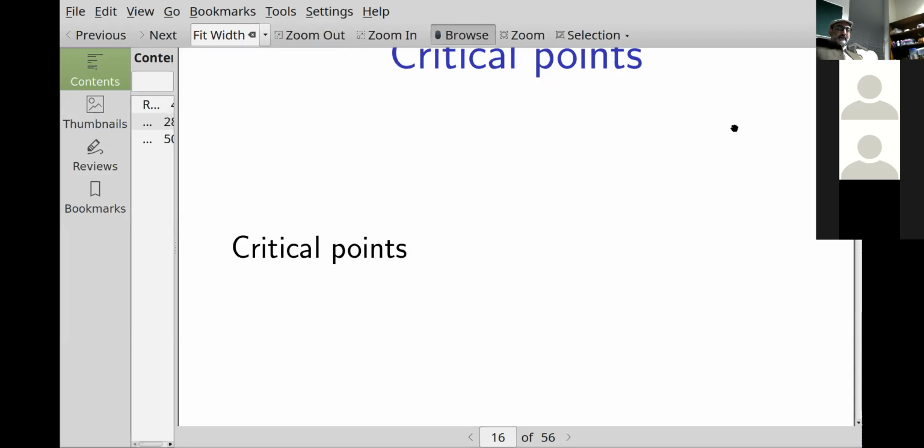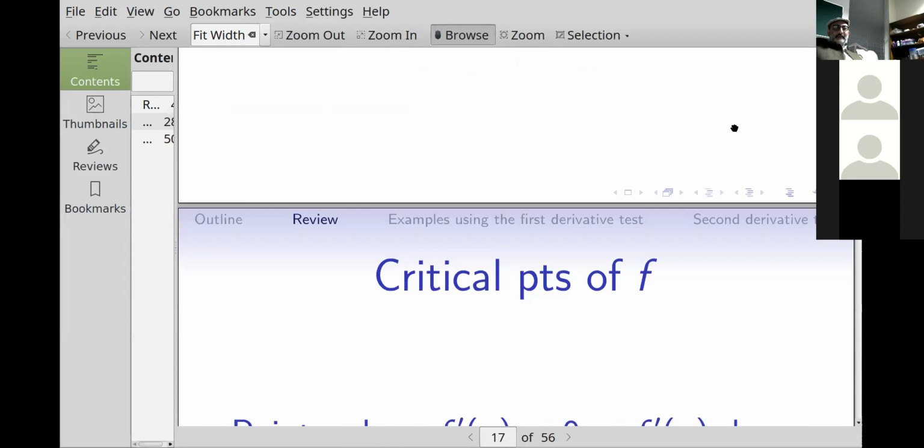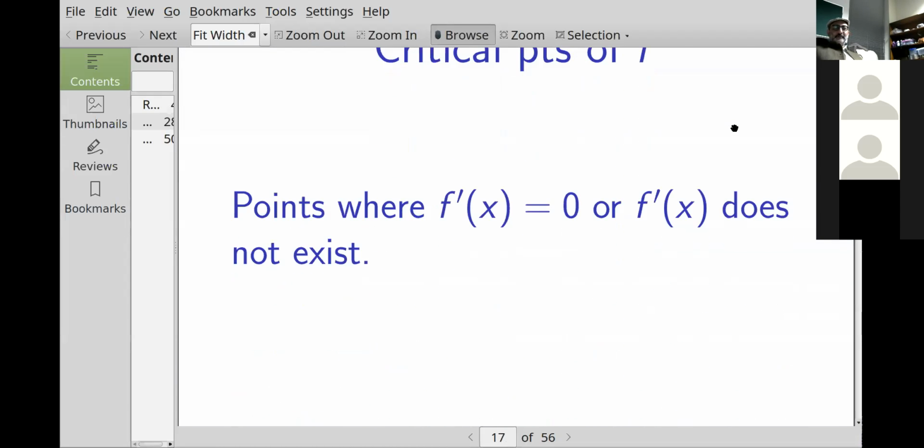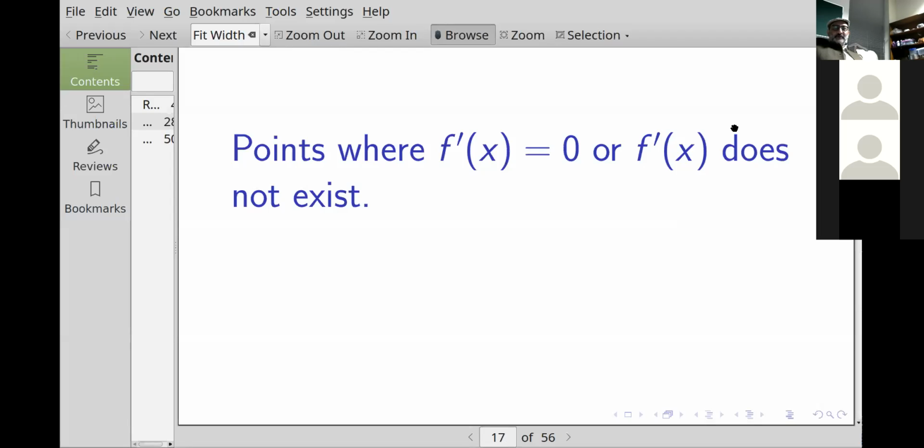Okay, and in the theory we developed, it turns out that those points and the endpoints of the domain, if the domain has endpoints, are of interest in searching also for local maxima and for global maxima and minima. So the critical points are those points where the derivative is equal to 0 or the derivative of the function f does not exist. Those are the critical points of f.